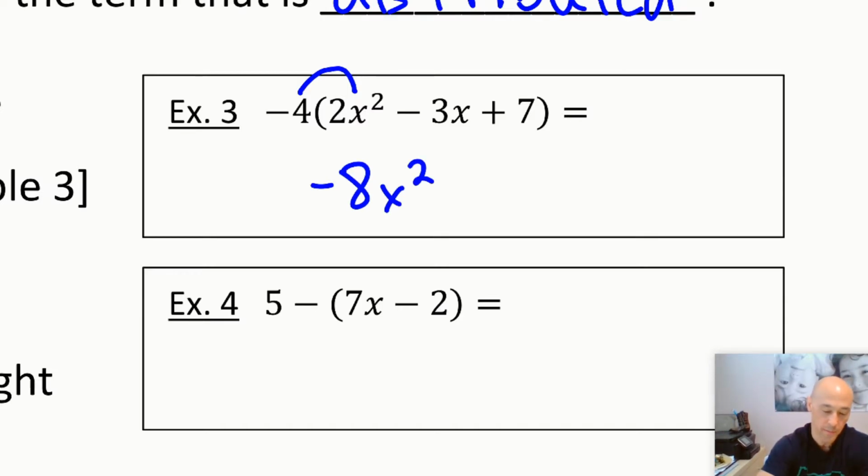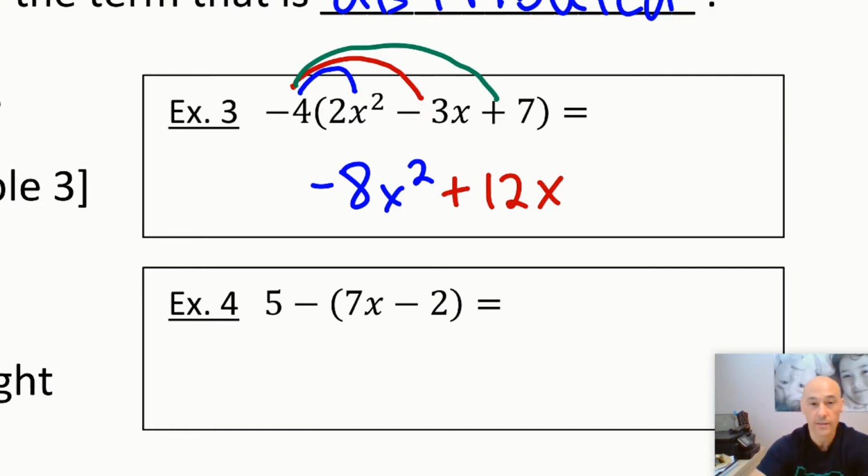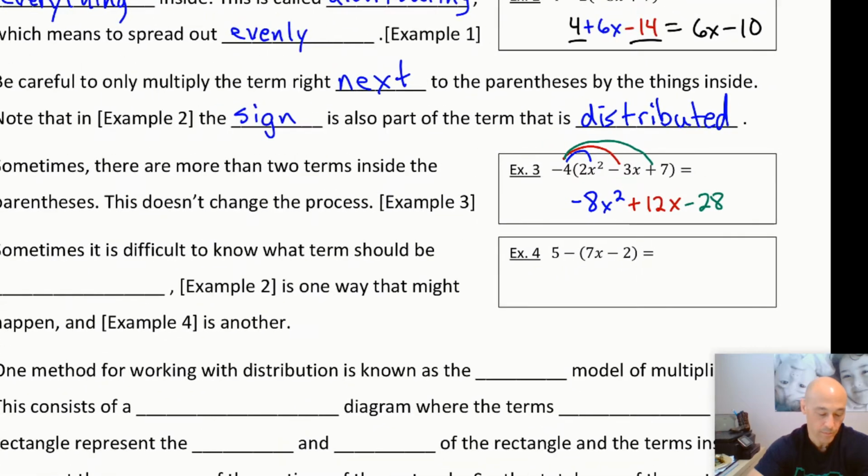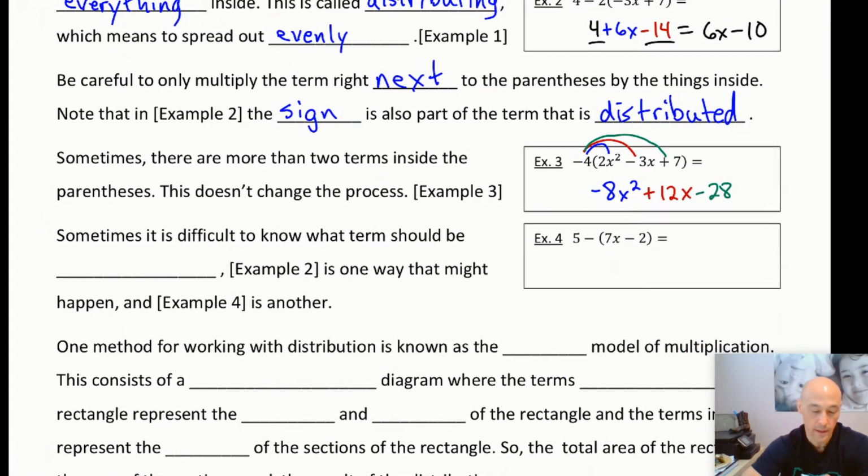Negative 4 times a negative 3x, well, a negative times a negative is a positive 12x. And then we have the negative 4 times the positive 7, which is negative 28. That's example 3.